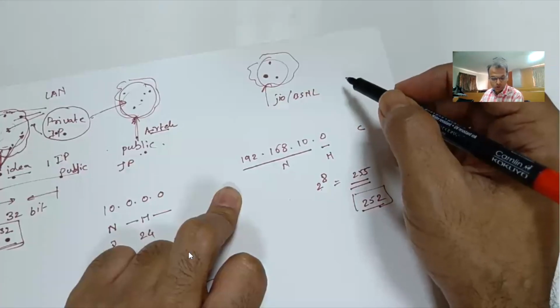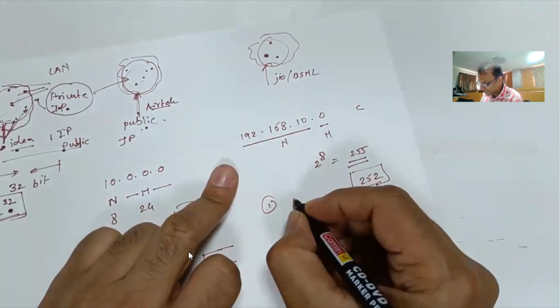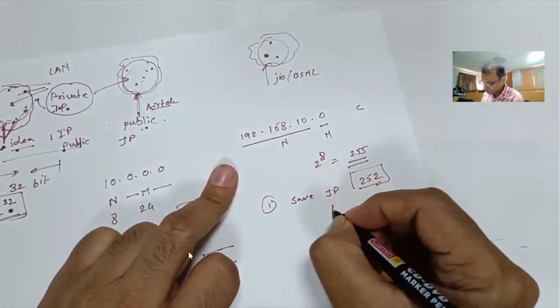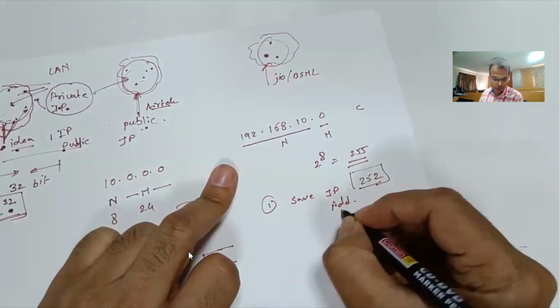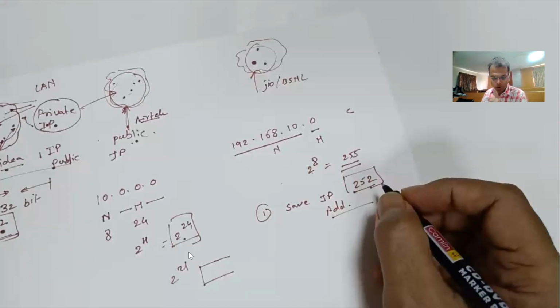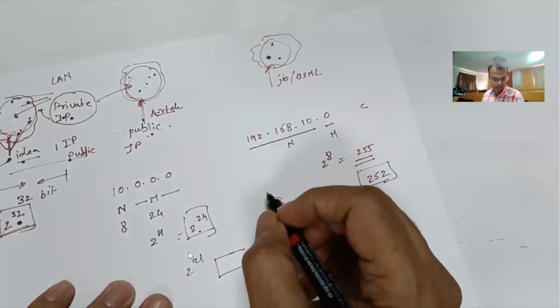So that is one reason we have to save IP addresses for different use. That is the problem of this IP addressing scheme, class A, class B, class C.